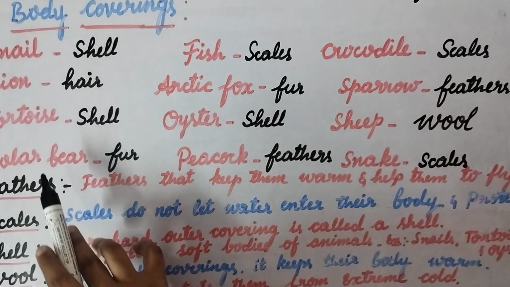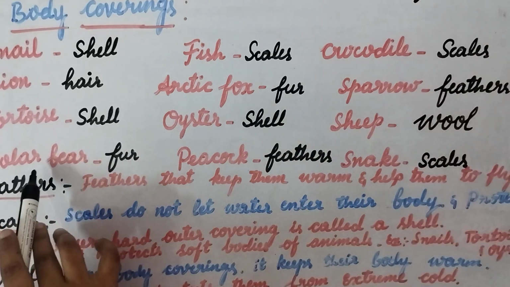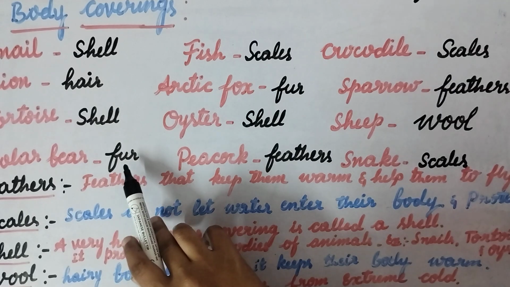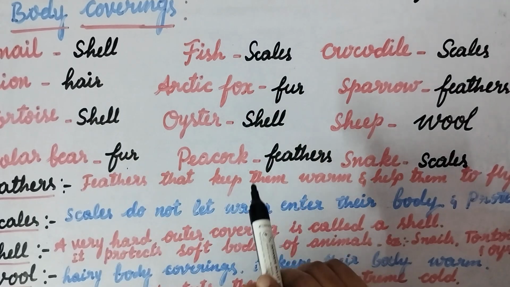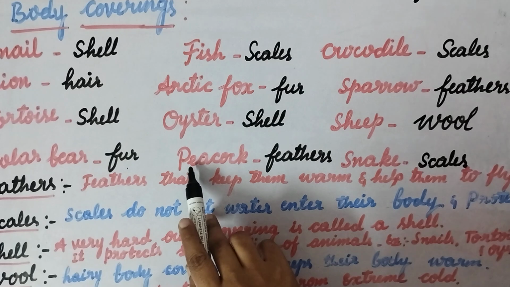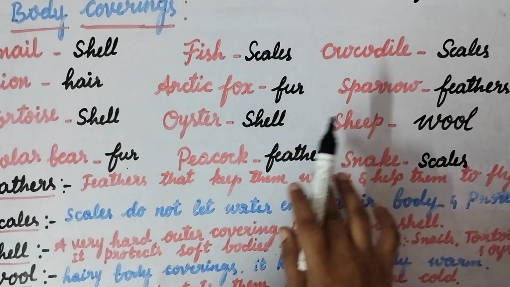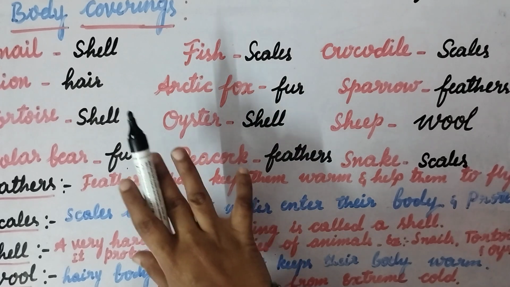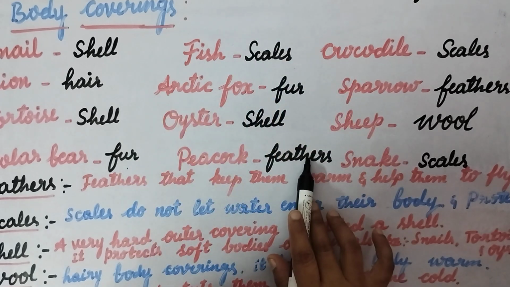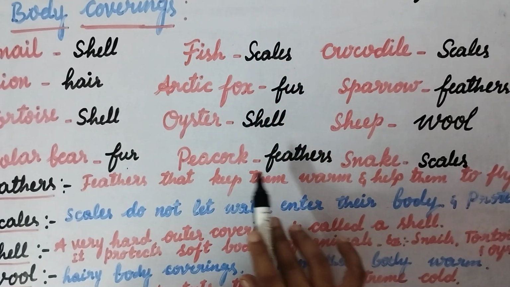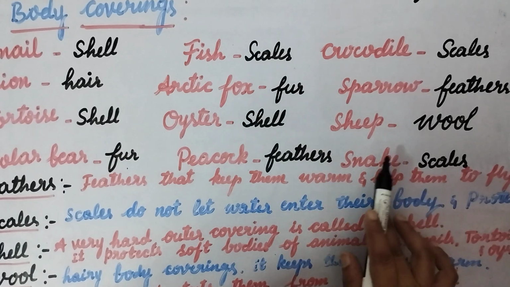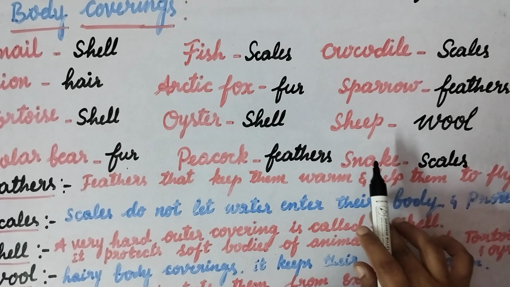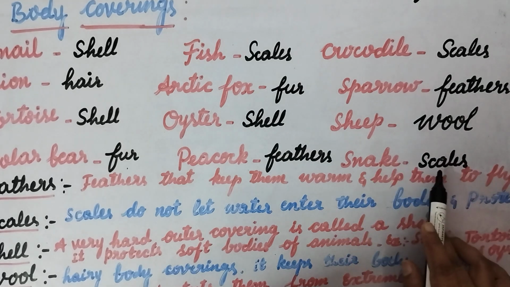Next, polar bear. It is present in the polar region, so its body is completely covered with fur. Next one is the peacock. It is a bird, and its body is completely covered with feathers. Next, snake. The body of the snake is covered by scales.